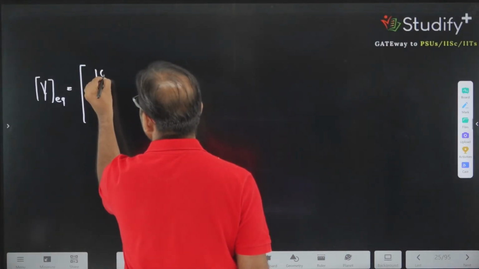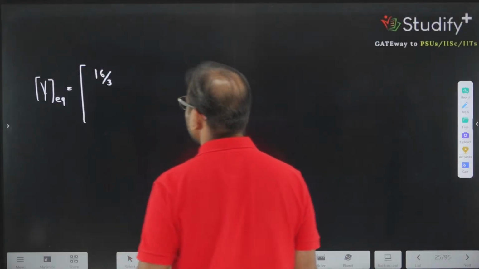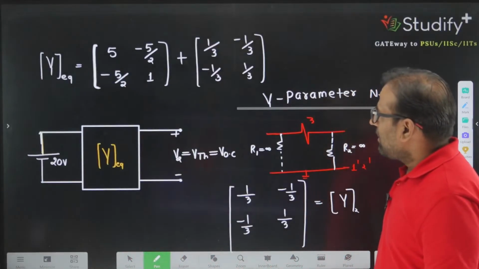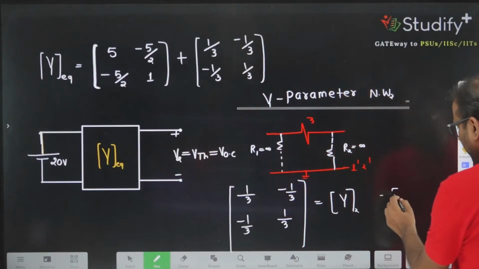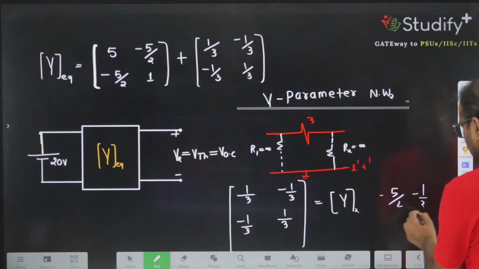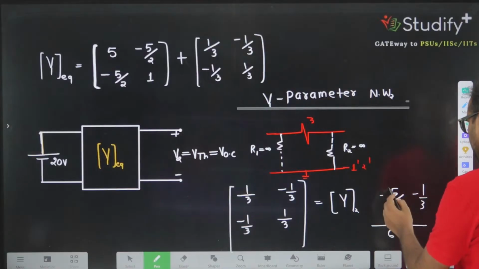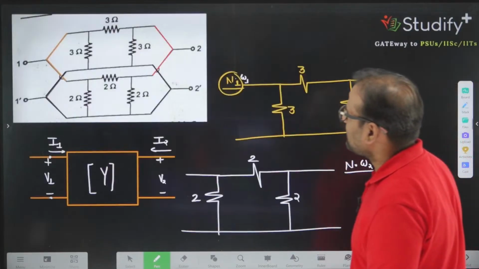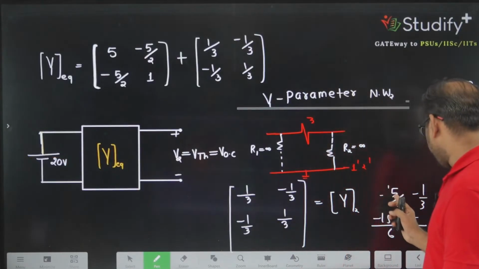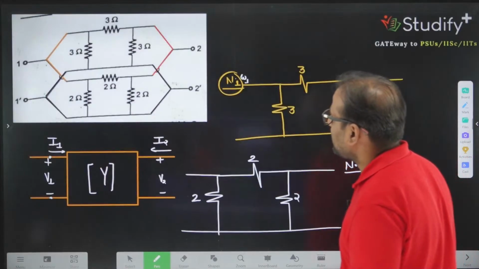This is 16 divided by 3. Minus 5 by 2 minus 1 by 3. LCM is 6. This 3, minus 15. And this is 2, so minus 2. Minus 15 minus 2, minus 17 by 6.